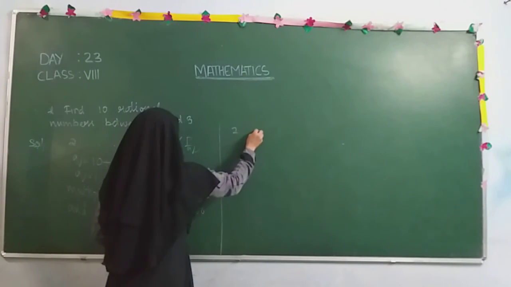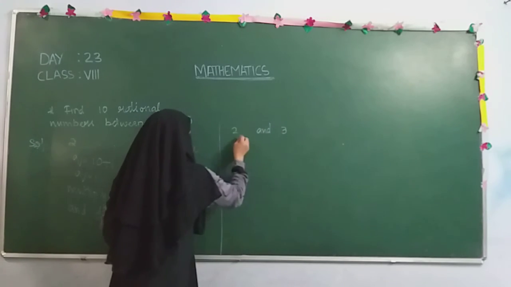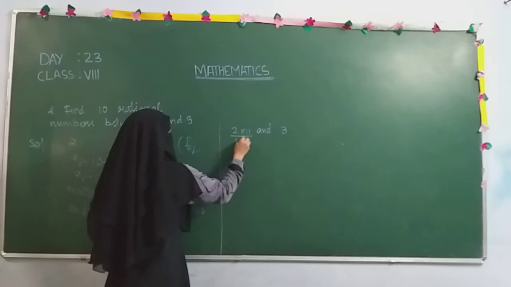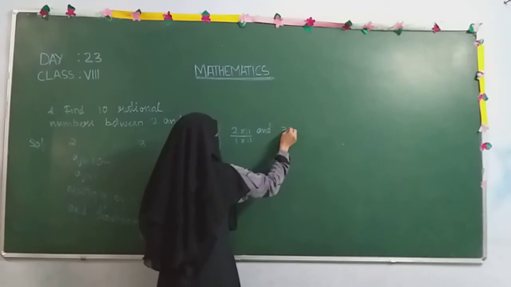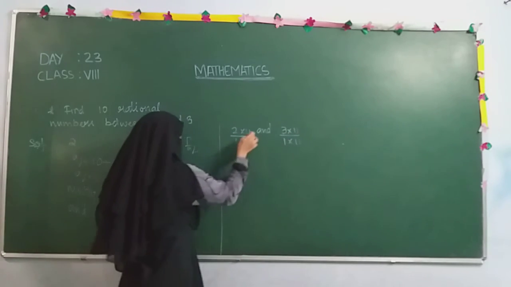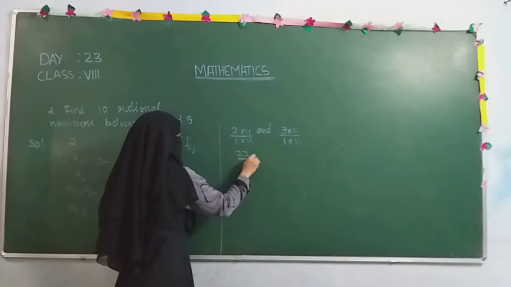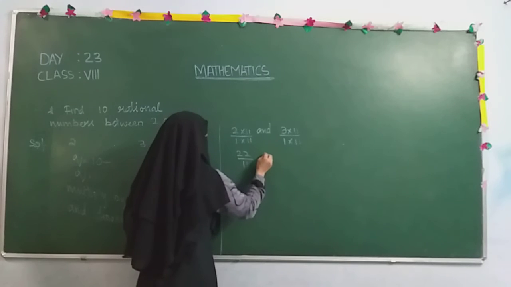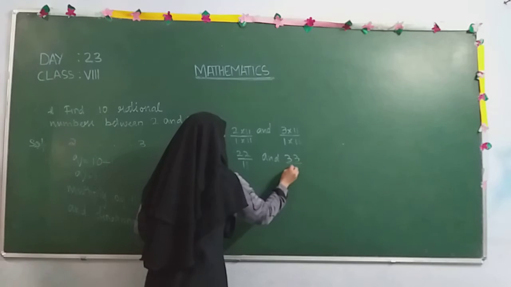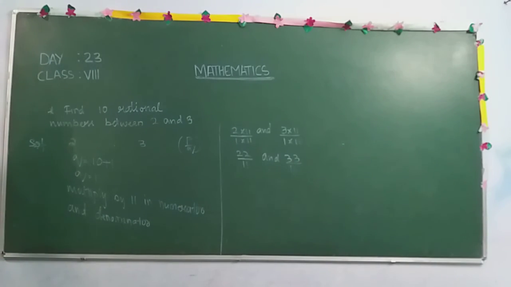So 2 and 3, in the numerator and denominator we are multiplying by 11: 2 into 11 by 1 into 11, and 3 into 11 by 1 into 11. Now 2 into 11 is how much? Yes, exactly, that is 22. So 22 by 11 and 33 by 11. Okay, 22 by 11 and 33 by 11.